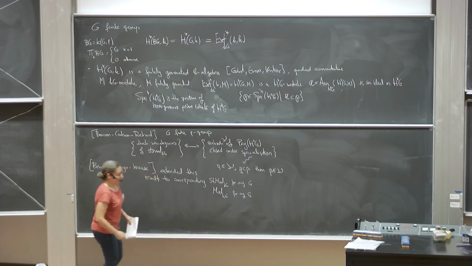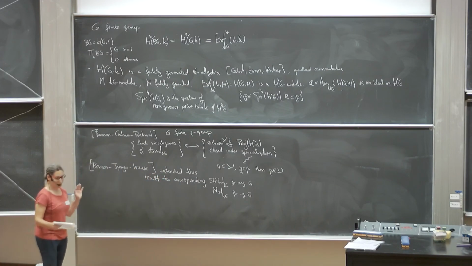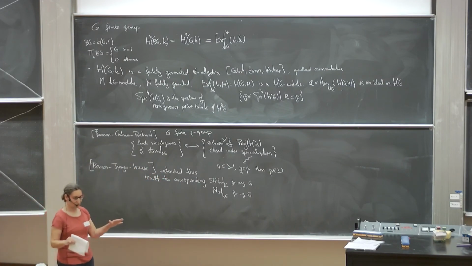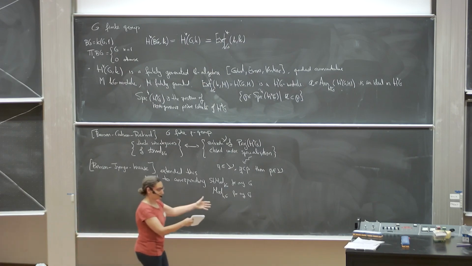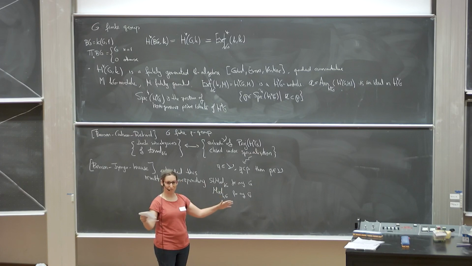Right. So I wanted to describe these two examples because in principle they look very different in nature. You are looking at stable homotopy theory and Morava K-theories. Then you have module representations. They look very different, but at some point there is some common framework in which they match.